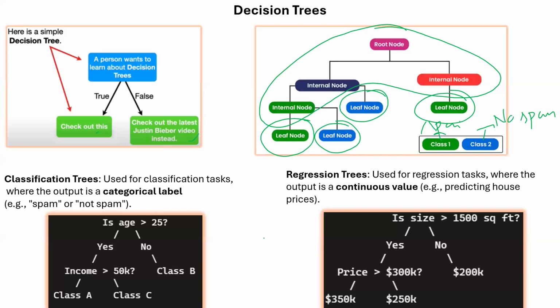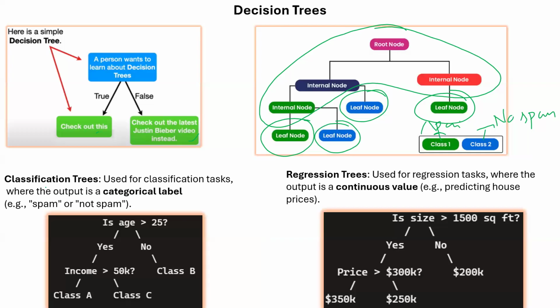Now, this is the first machine learning classification algorithm that we are learning, and you have seen how a simple decision tree looks and also its structure.